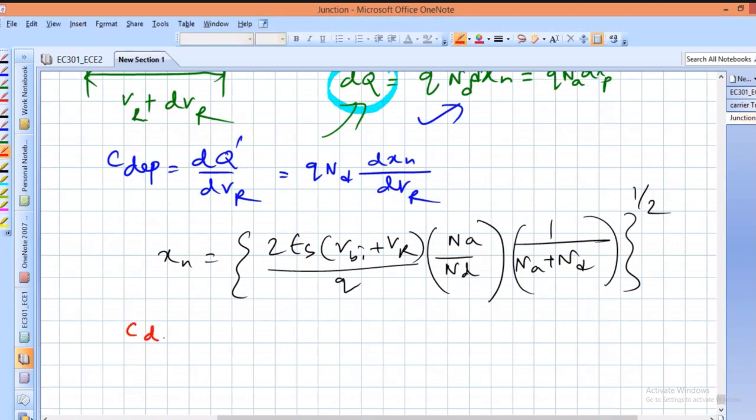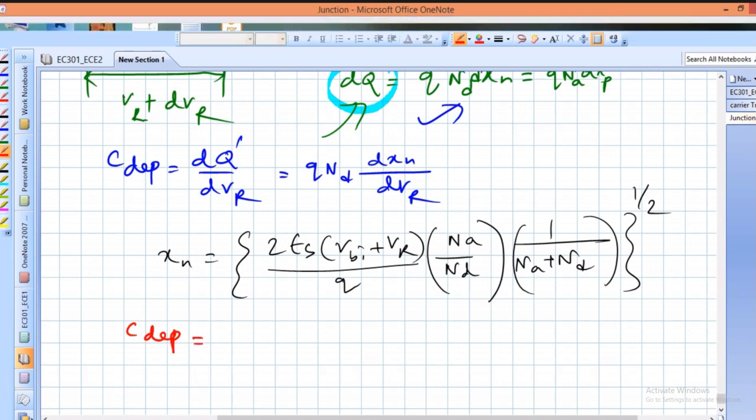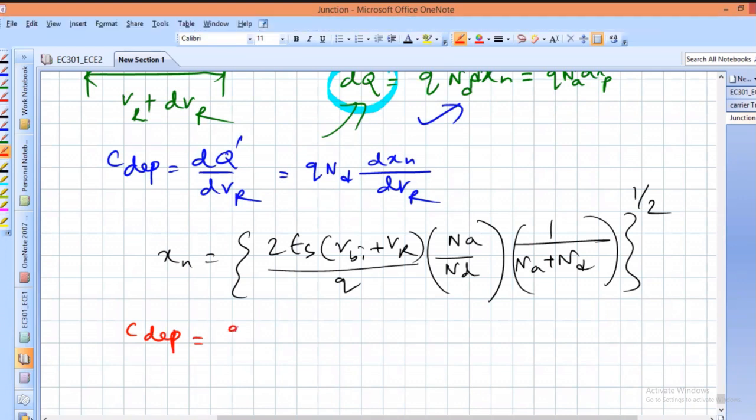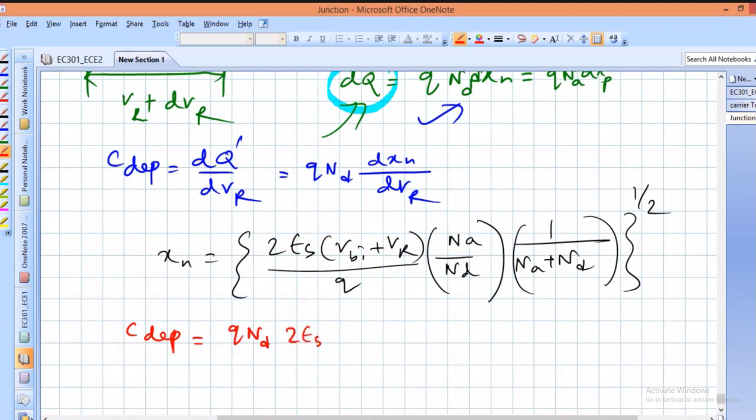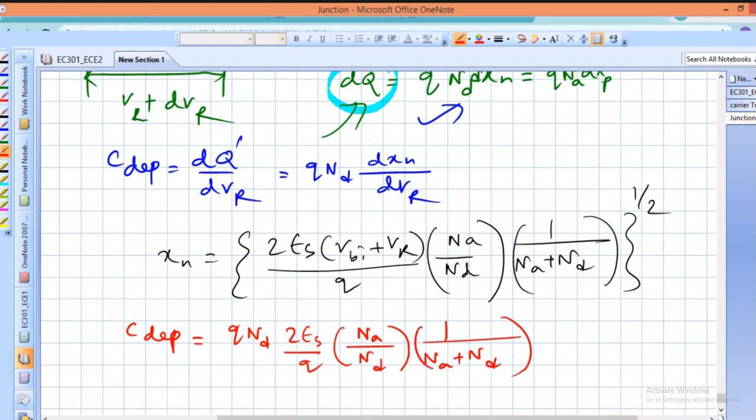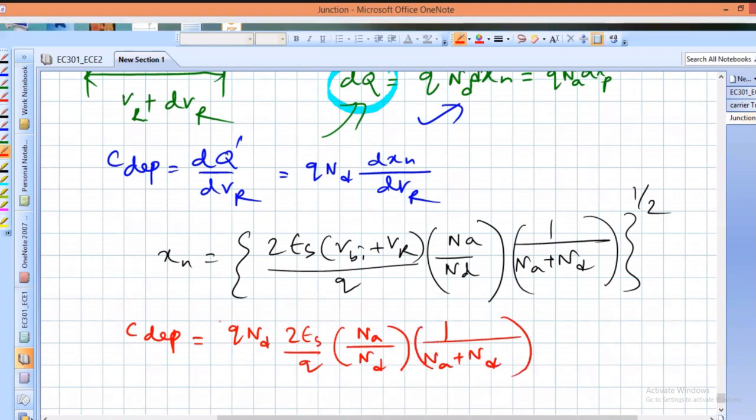What will be CD under such a case? CD will be equal to q Nd, 2 epsilon s by q, Na by Nd, 1 divided by Na plus Nd, times d by dx of x to the power n, so n into x to the power n minus 1.